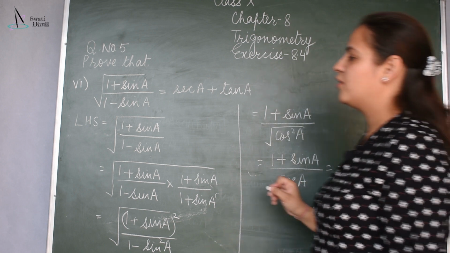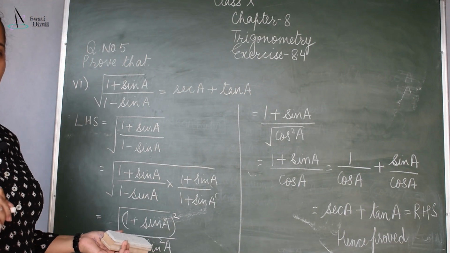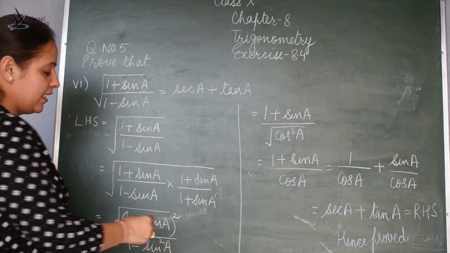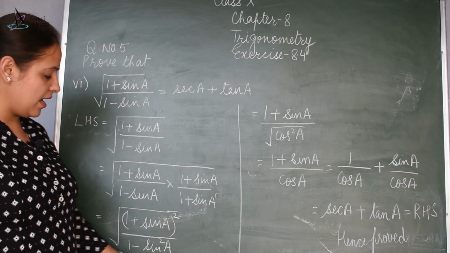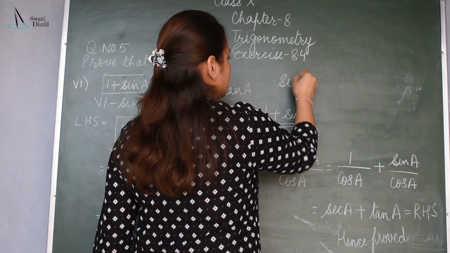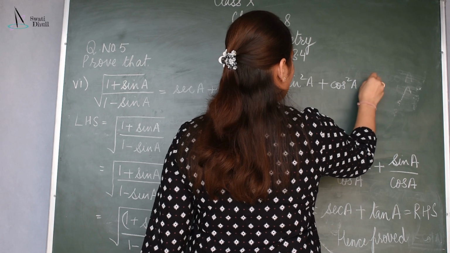So whenever you are given the question in the square root, you need to rationalize it inside the square root, and then one term will be cancelled out. Here, 1 minus sin square A: we have the identity sin square A plus cos square A is equal to 1.